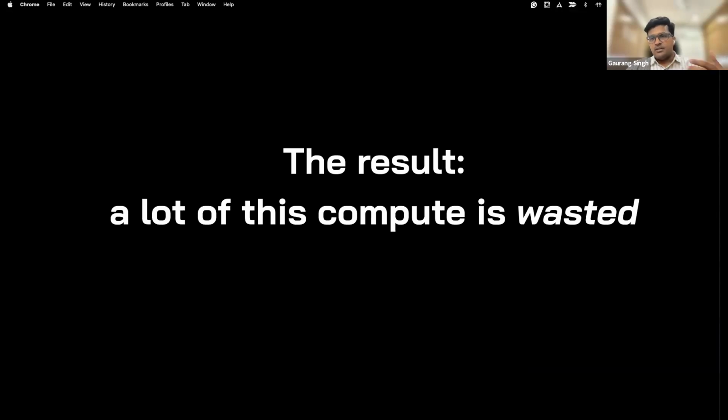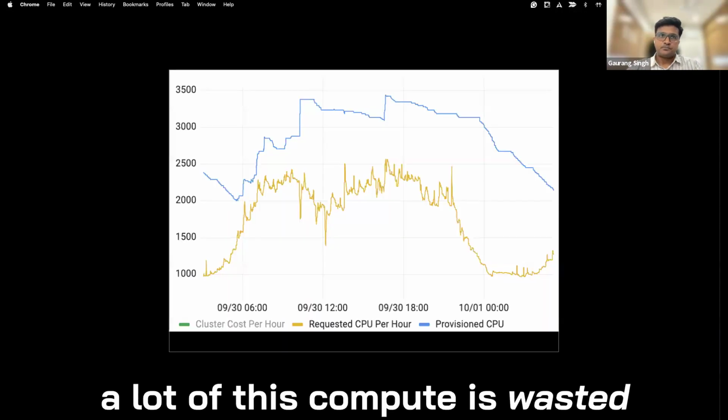Then what is the result? Lots of compute is wasted in terms of nodes being low utilized, in terms of requests being higher, pods being low utilized, and in terms of the spot prices and what type of node to choose when. So ultimately, the end result is that lots of CPUs are actually wasted, right?